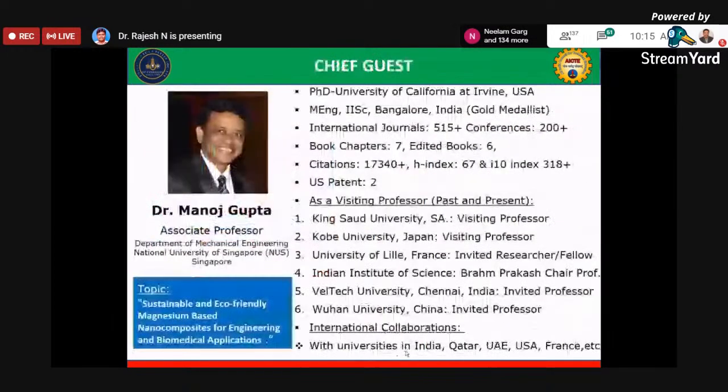Let me give a short note on our chief guest, Professor Manoj Gupta sir, from National University of Singapore. Manoj Gupta sir has completed his PhD at University of California at Irvine, USA. He has completed his Master of Engineering at IISc Bangalore, India as a gold medalist.